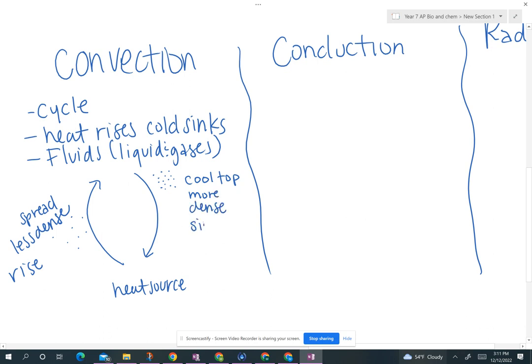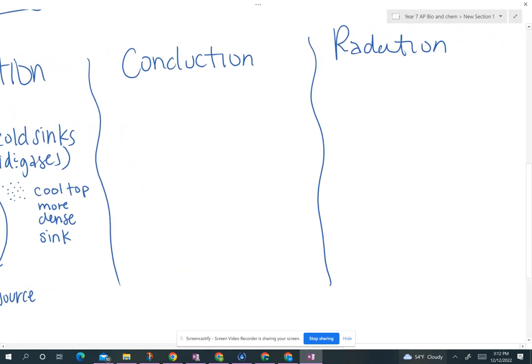And they're going to sink. So this cooler stuff becomes more dense, and it sinks to the bottom. And then it hits the heat source again. Once it hits the heat source again, it starts the cycle over again.